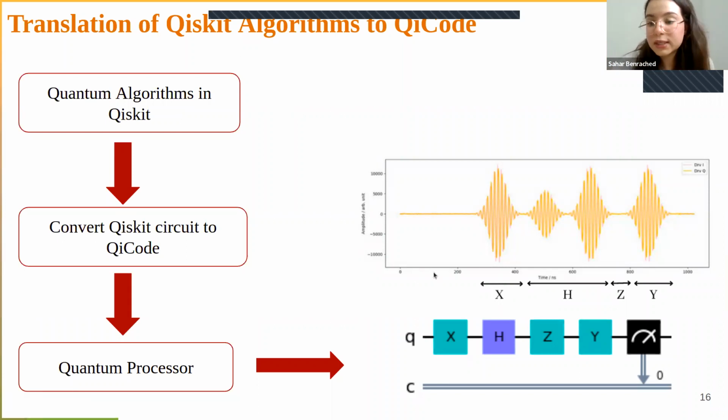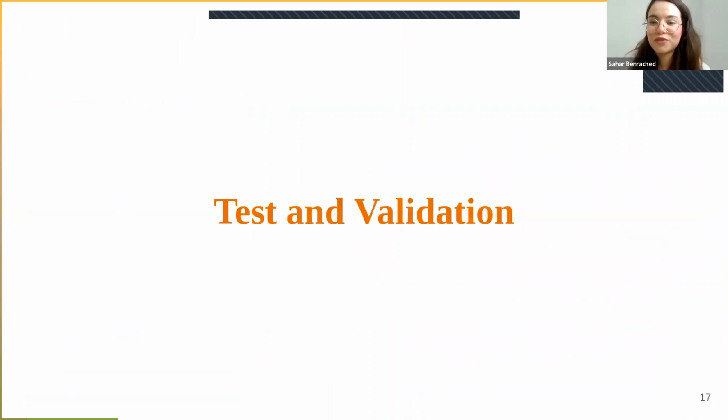So this is practically how we did the translation, and this is how we went from Qiskit to creating the same sequence of instructions, and then submitting it to the processor. And of course, at this level, we can retrieve the measurement results, and that would be the end of our experiment, seeing the example that I gave.